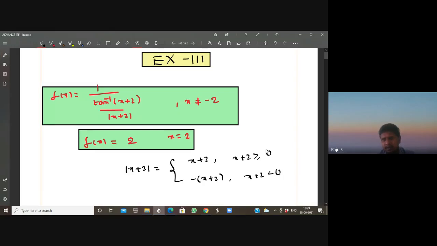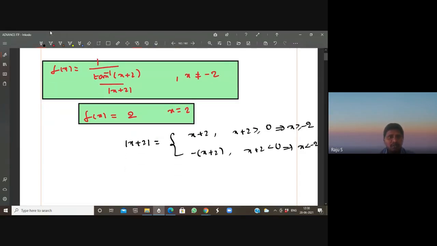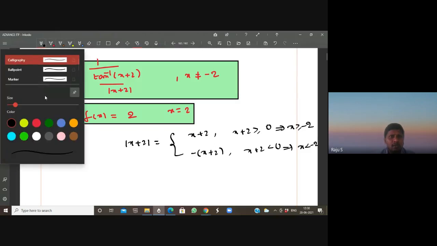That means x greater than or equal to minus 2, and x lesser than minus 2. At minus 2 I need to find left hand continuity and right hand continuity because two cases will be there. Whenever they give a modulus function, you should find left hand continuity and right hand continuity, right?